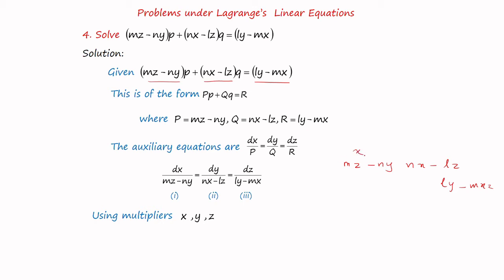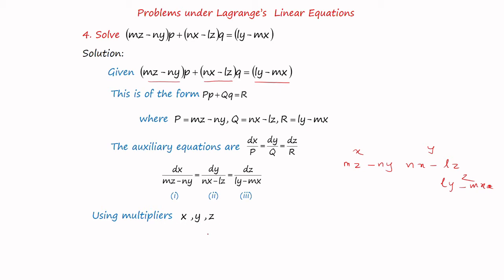Here you have x and this with z, so mx and mx get cancelled. Here nx is there, so you have to multiply this by y, so that nxy and nxy get cancelled, and lyz and lyz get cancelled. So we use the multipliers x, y and z.